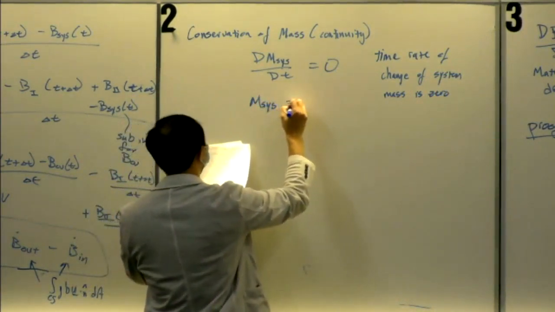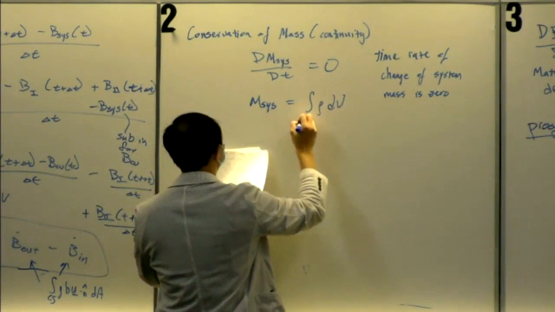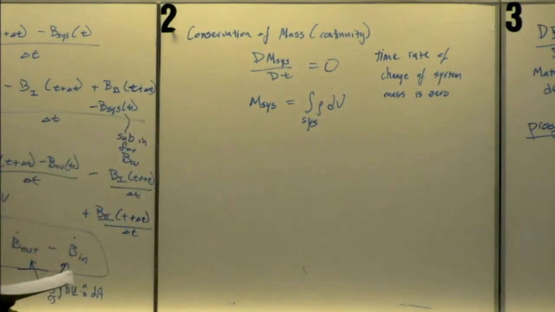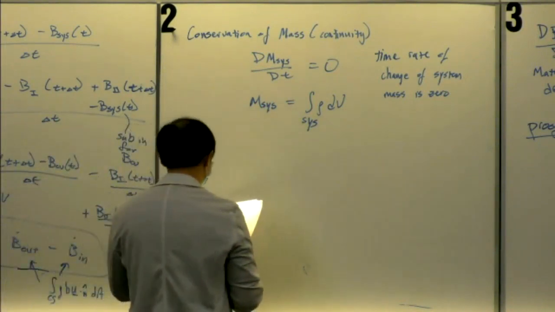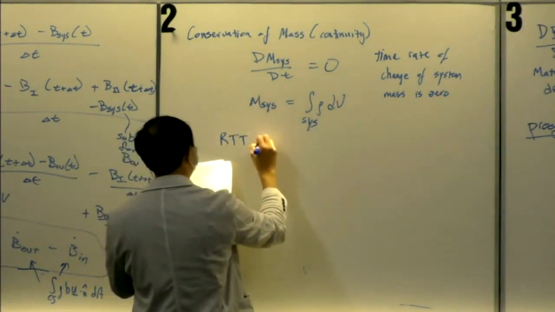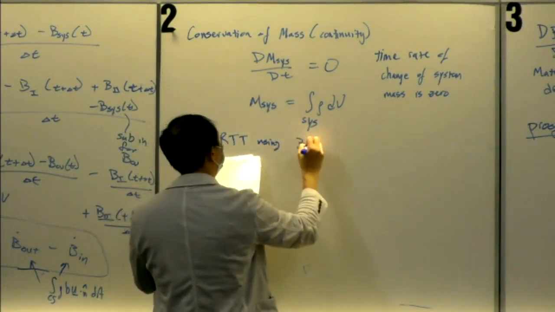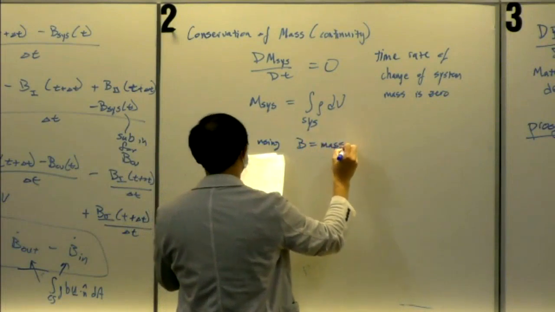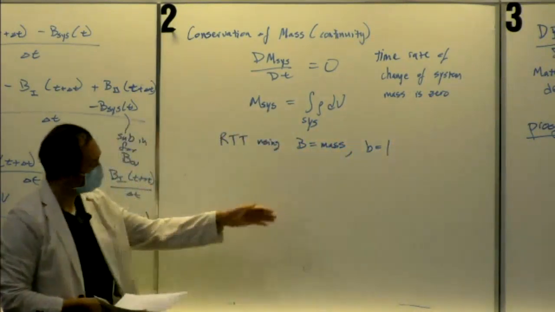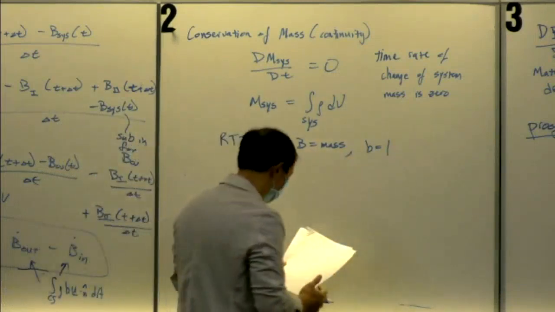Where the mass of the system is going to be the integral across the original control volume, where they're coinciding with the system, of the density. And if we use the Reynolds transport theorem with B equals mass, the intrinsic quantity, the mass per unit mass, is just unity, just 1.